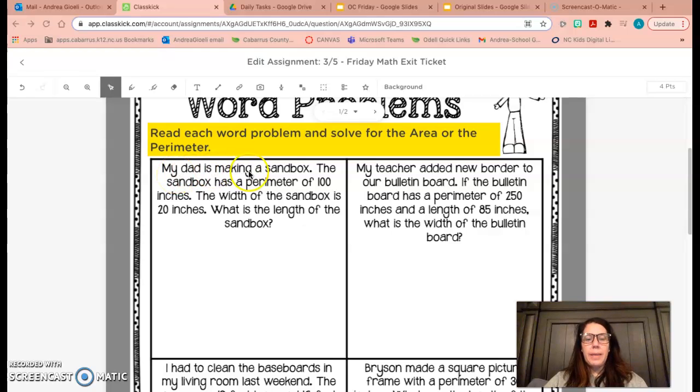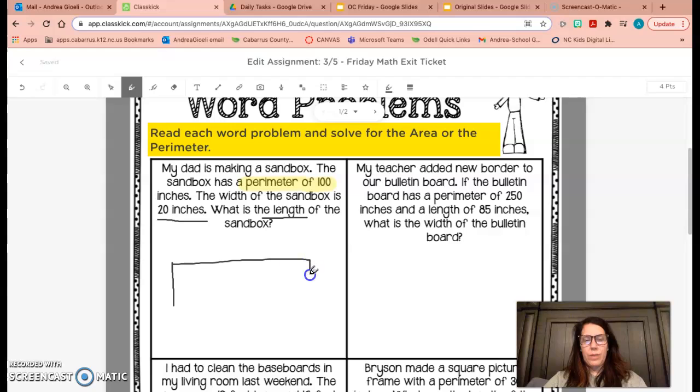It says, my dad is making a sandbox. The sandbox has a perimeter. So I'm going to take my highlighter, and I know that I'm looking for a perimeter of 100 inches. Okay, so that is my total. The width of the sandbox is 20 inches. So now we have to figure out the length. We know that probably a sandbox, because we've been working on squares and rectangles, right?